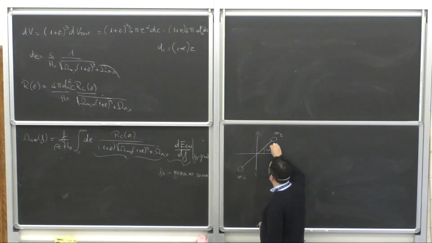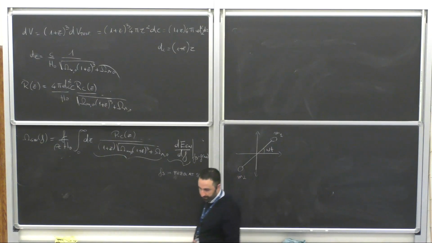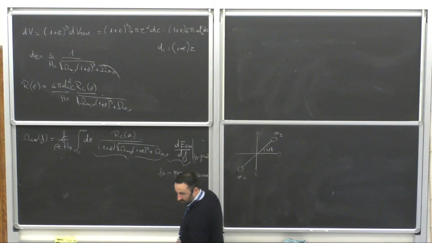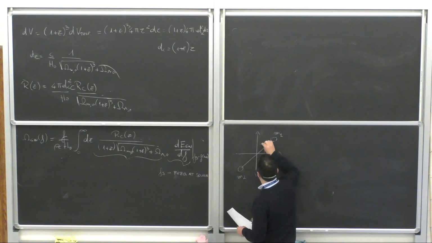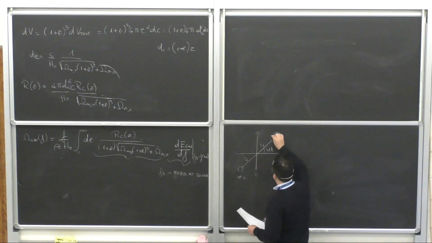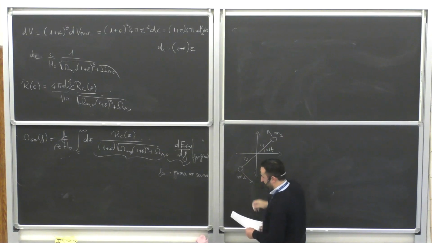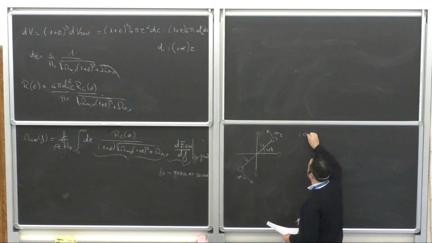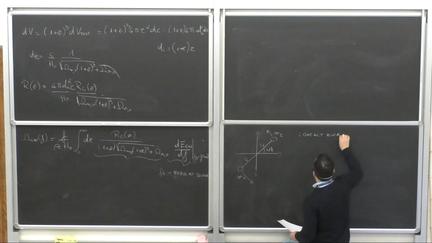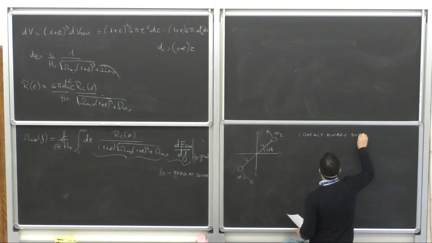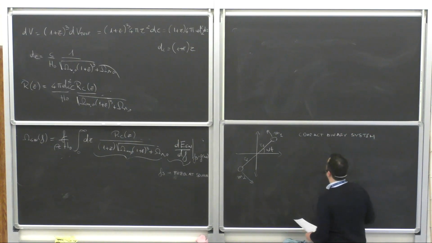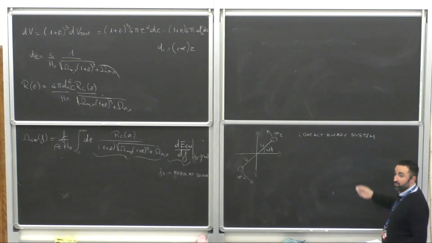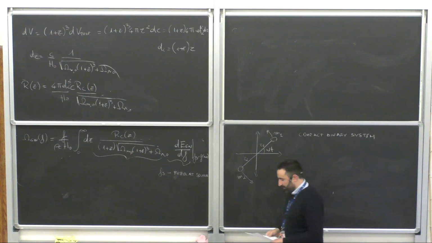Okay, this is how this rotates. Here you have this I call r1, this I call r2. Okay, so this goes in this way, this goes in this way. Okay, so this is the case, for instance, of a compact binary system, so that you can think of as binary black holes or binary neutron stars.